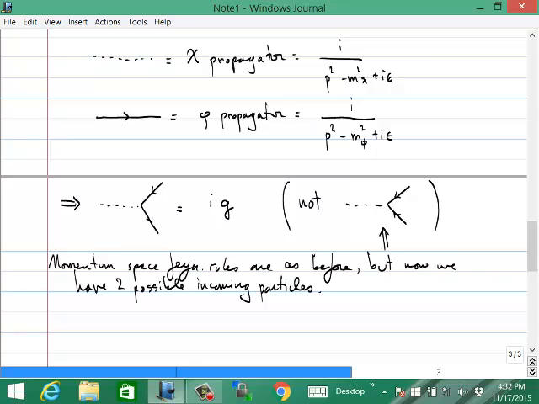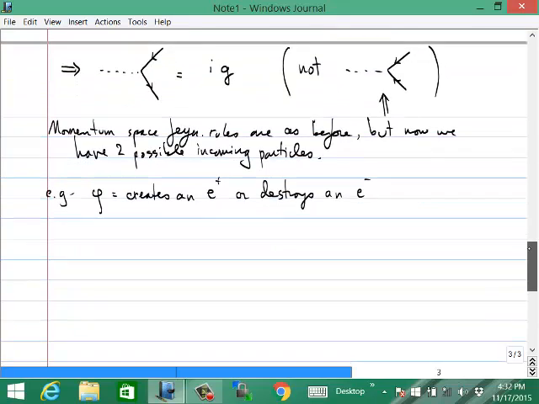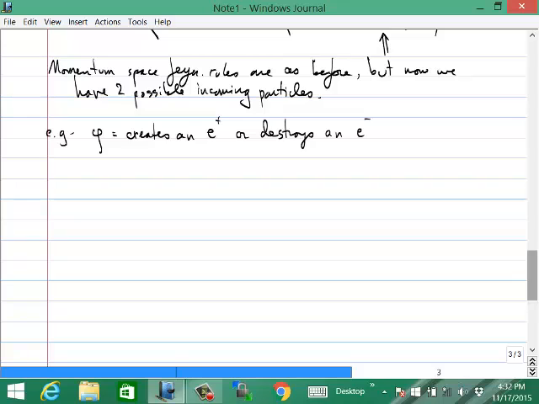So for example, let's just consider the following process. Let's say that phi is the operator that creates a positron or removes an electron. This would be a simple version of a theory of electrons where we're neglecting the spin of the electron.